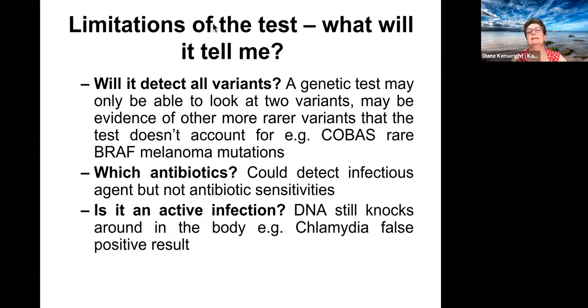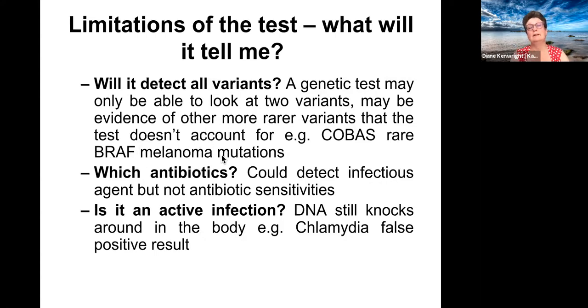Limitations of the test. So all tests have limitations. You need to make sure what it is actually detecting. We talked about before, will it detect all variants or the right variants? Telling a pathologist that they must do a BRAF melanoma mutation on a uveal melanoma is not going to be useful.